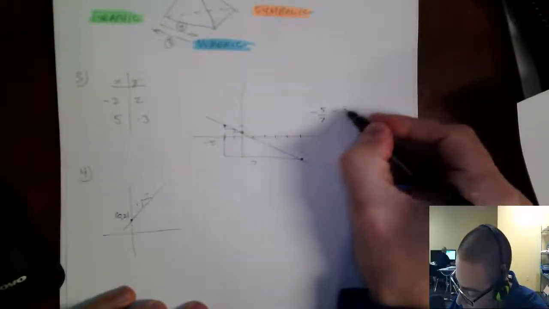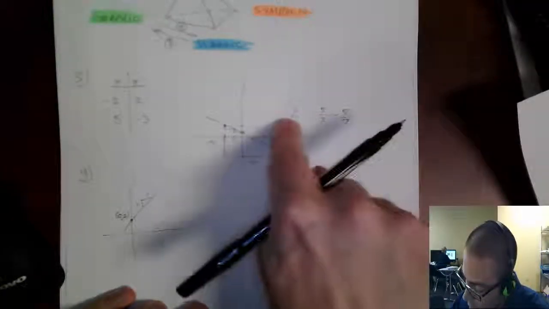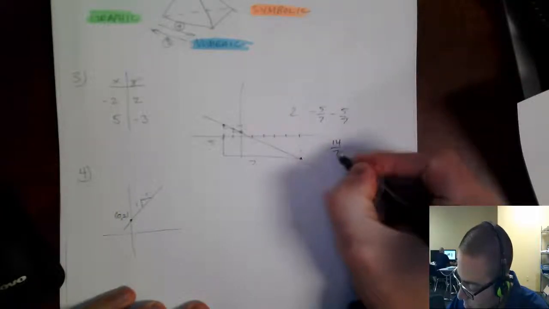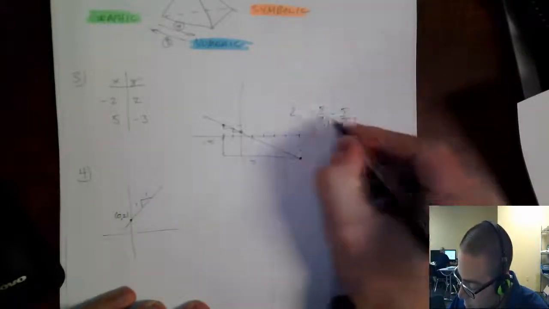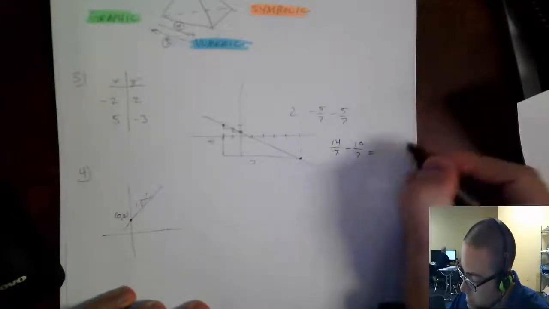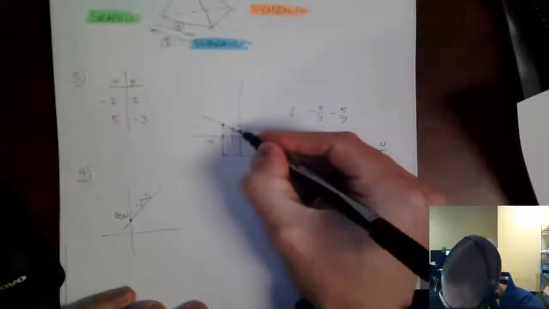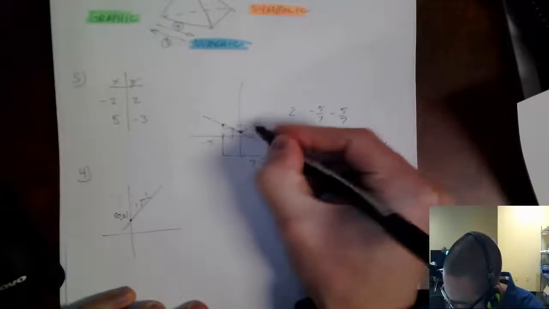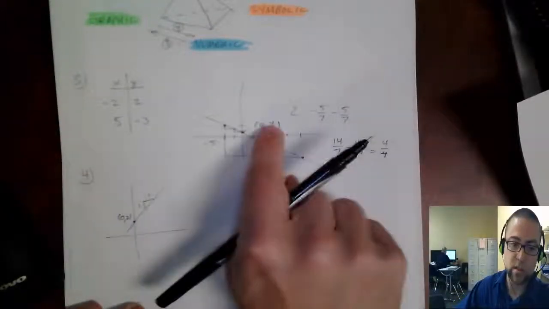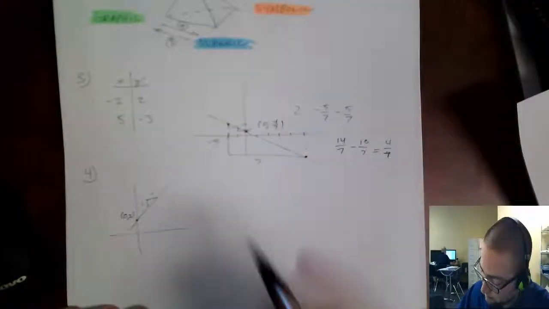So if it goes down 5/7 twice from 2, 2 is equivalent to 14/7 as a fraction, and I'm going to subtract 2 5s is 10, so I'm going to subtract 10/7, and so I get 4/7. So this y-intercept then would be 0, 4/7. So you could say that it's intersecting the y-axis at 4/7 and going down 5/7 each time.